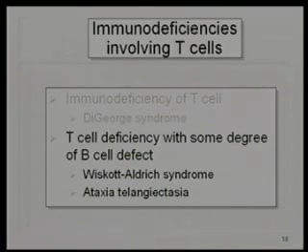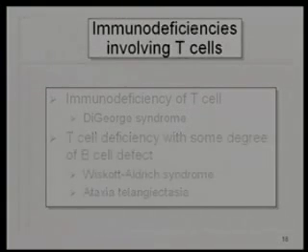The most prominent among these are Wiskott-Aldrich syndrome and ataxia-telangiectasia. Those are examples of T and B cell defects, but not as severe, not like severe combined immunodeficiency. They are more of a partial defect in both T and B cells.